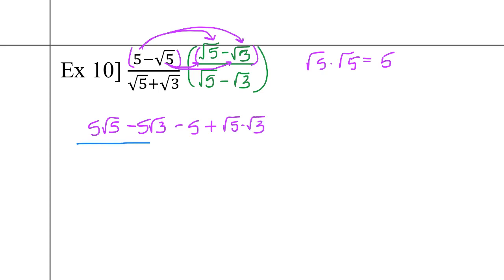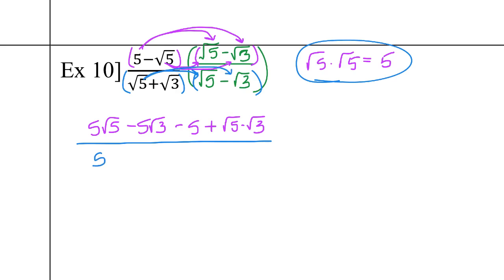Now let's do the denominator double distribution. We'll clean all this up in a second. Square root of 5 times square root of 5: again, that's this rule here, which just makes a 5. Square root of 5 times negative square root of 3: positive times a negative makes a negative, square root of 5 times square root of 3.